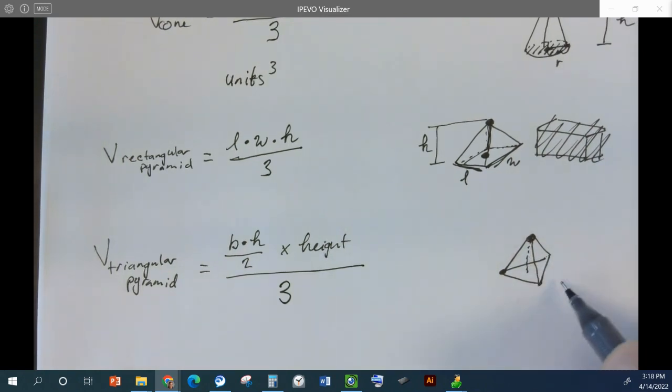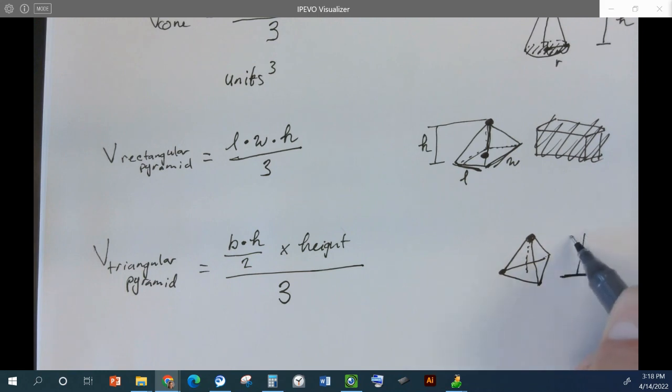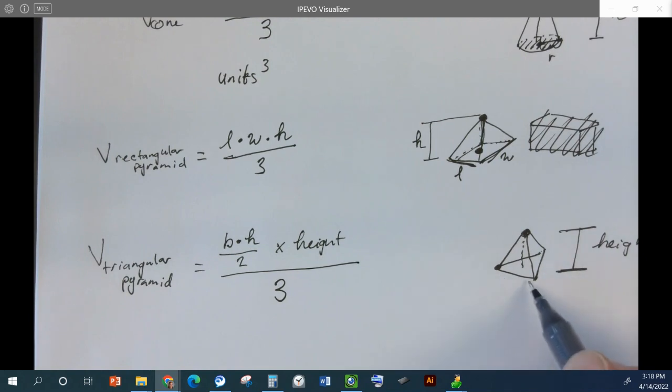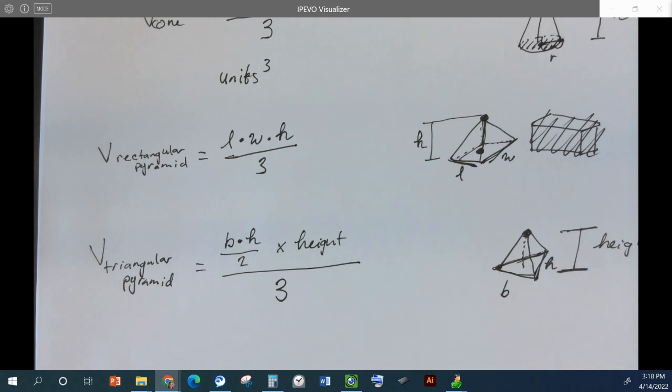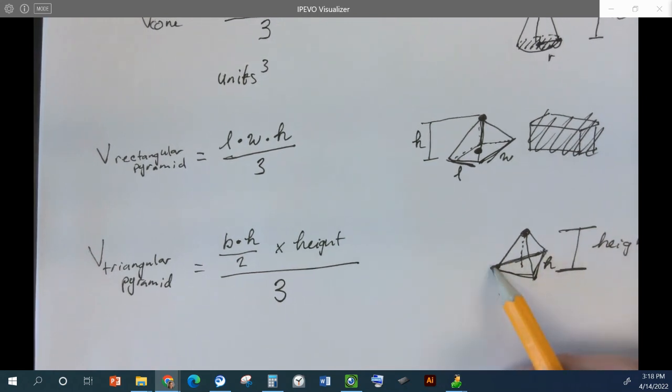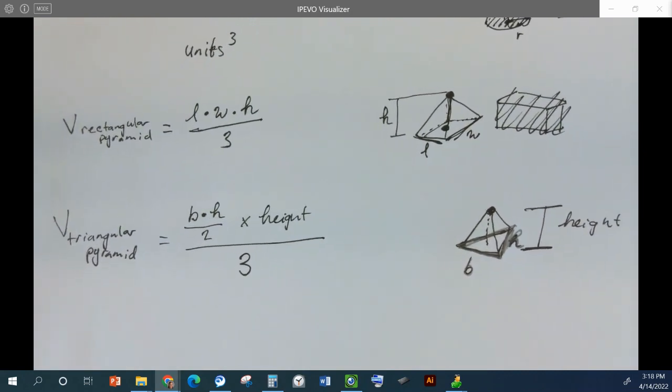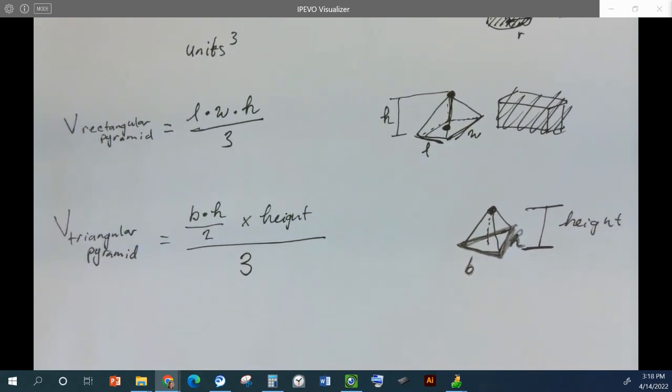From the bottom face to the top point, that's our height. And then our triangle has a base and a height. So something like that. Maybe I'll try to use pencil. That didn't really work. So we have the height of our base and the length of our base. Okay. So that's page 2.